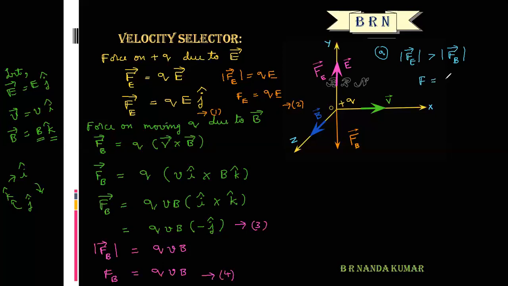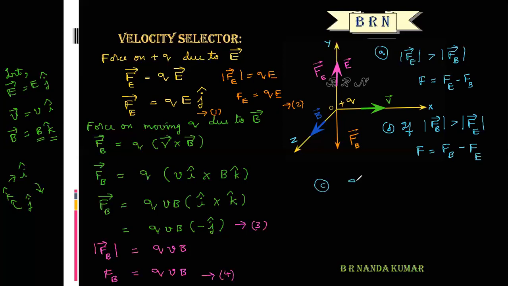Net force acting on charged particle is FE minus FB. Is it right? Suppose the magnitude of FB vector is more than the magnitude of FE vector. In this case the net force acting on charged particle is FB minus FE.